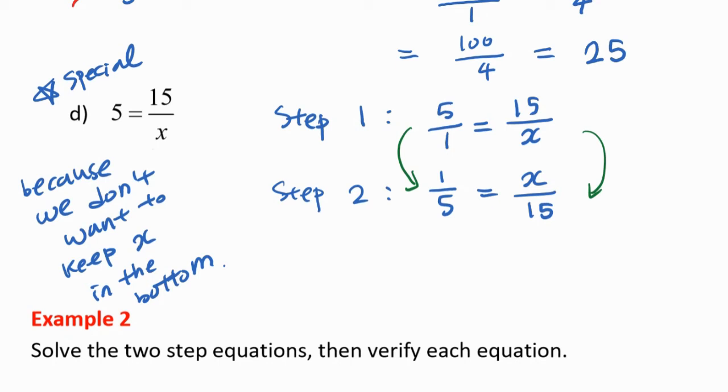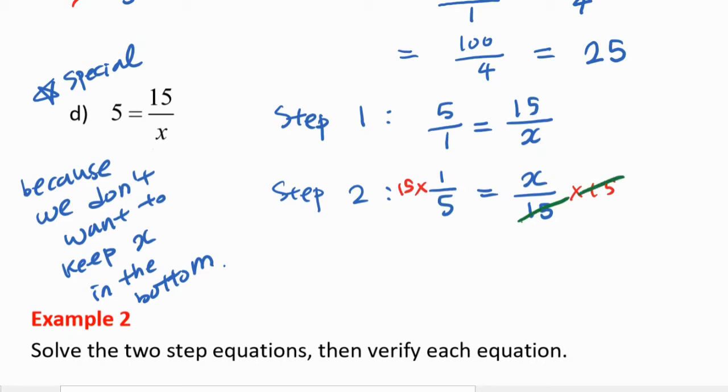Okay, so next, you want to isolate x and you have division here. So you're going to get rid of divide by 15. To do that, you multiply both sides by 15.